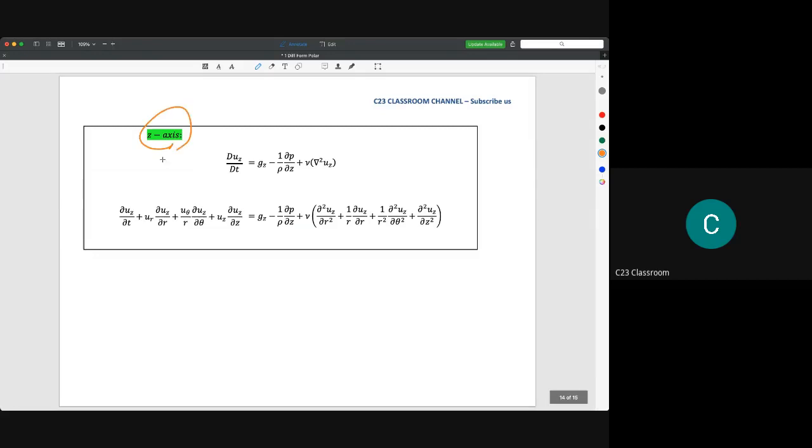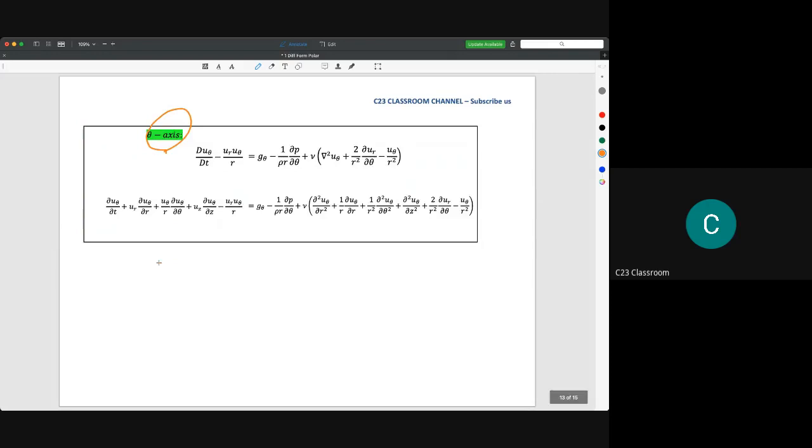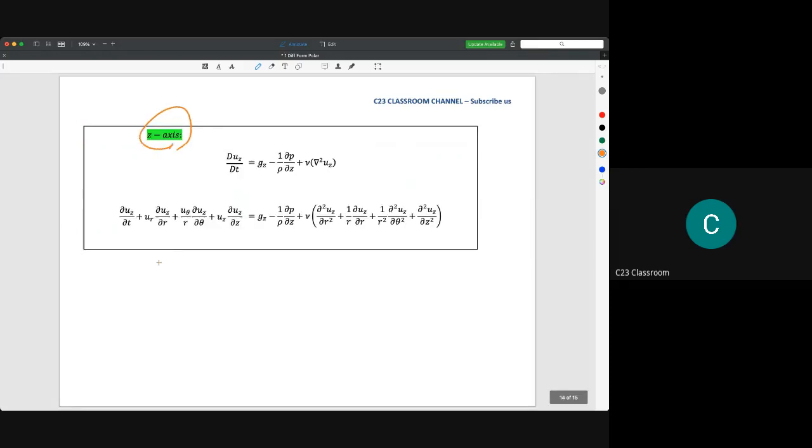As I said, we don't show you the derivation for polar coordinates because you need to do it axis by axis. If you see this, the value for the r-axis is not the same as for the theta axis, and not the same as for the z-axis.